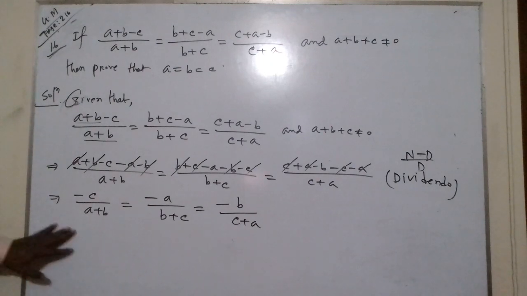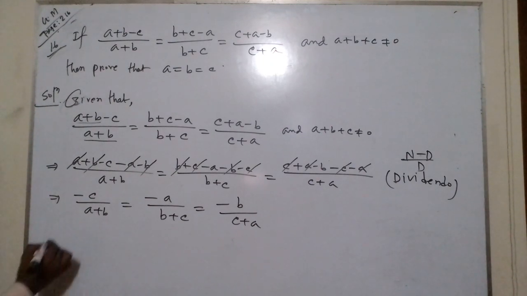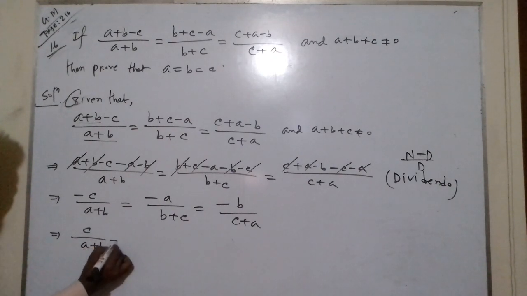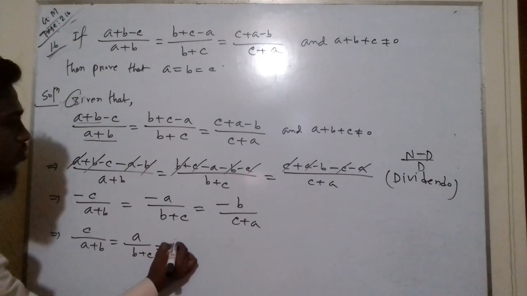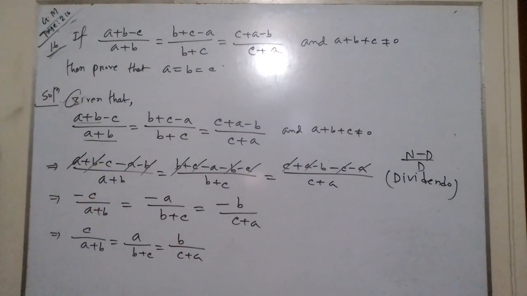Now, cancel minus from each term. We can write c by a plus b equal to a by b plus c equal to b by c plus a.